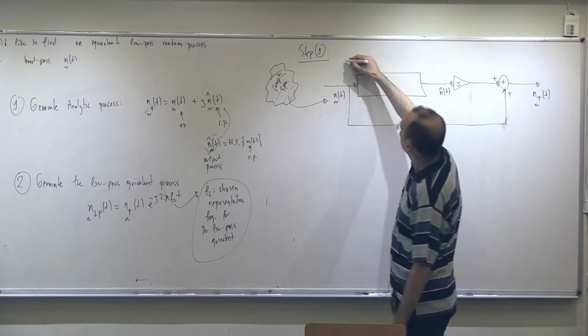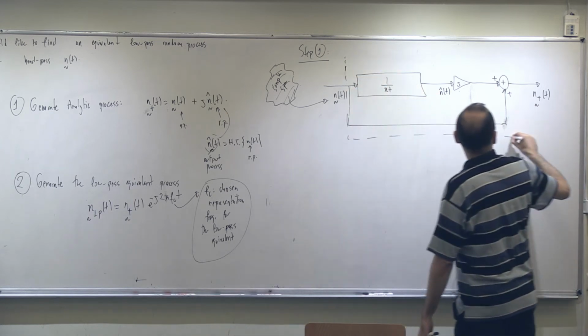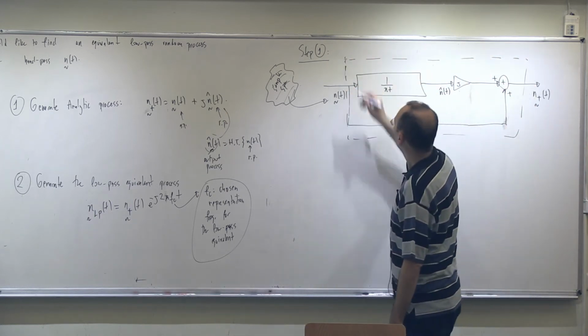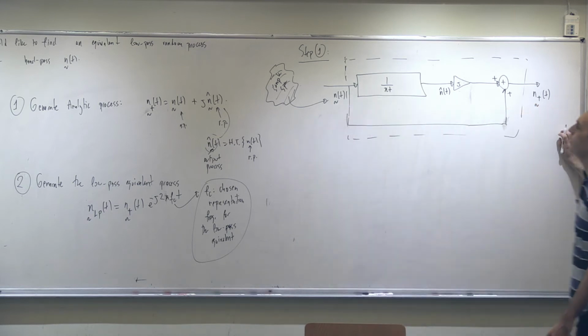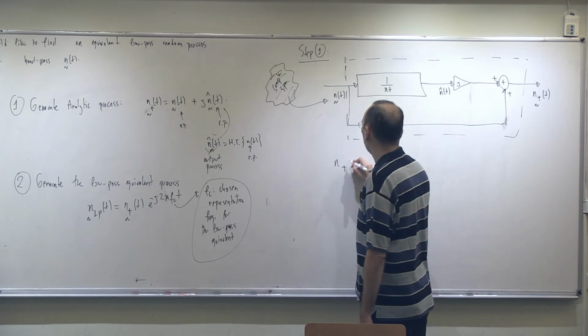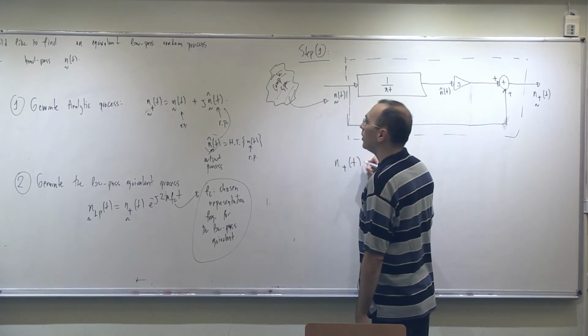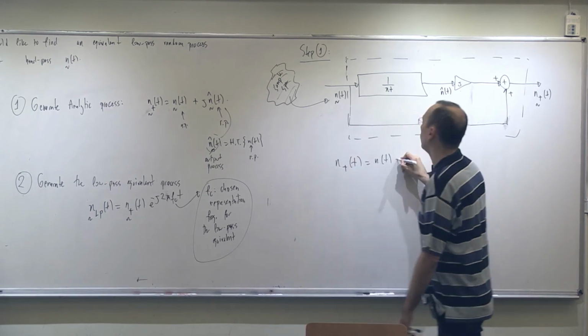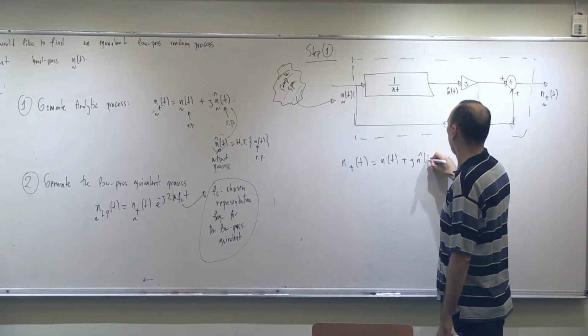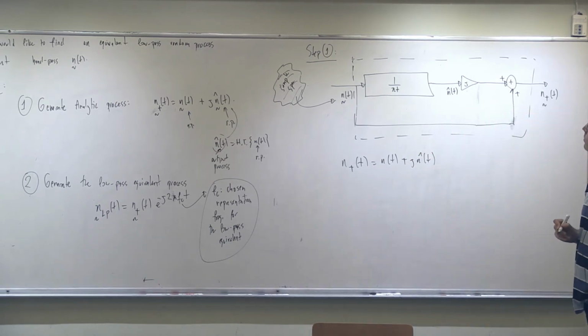Well, how about this then? So this should be something like a filter, in my opinion. So let me write this. N plus of t is equal to n of t plus j n hat of t. Am I right?